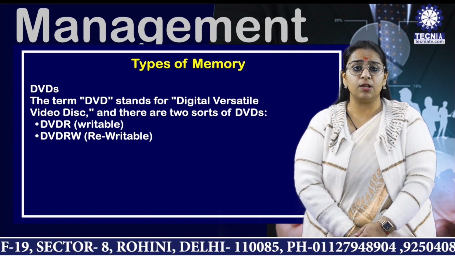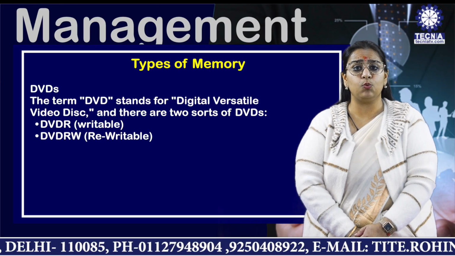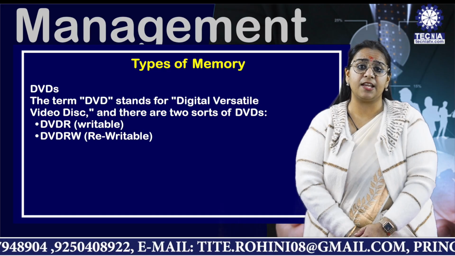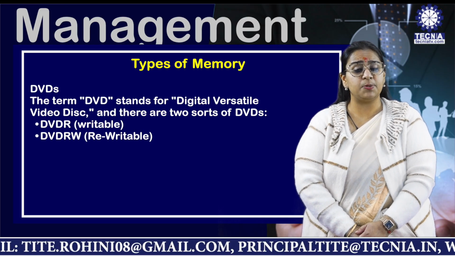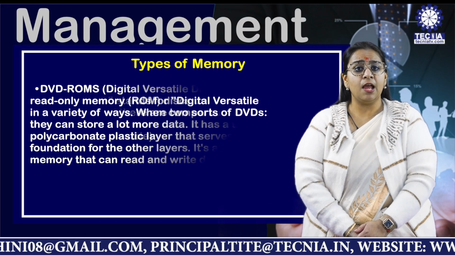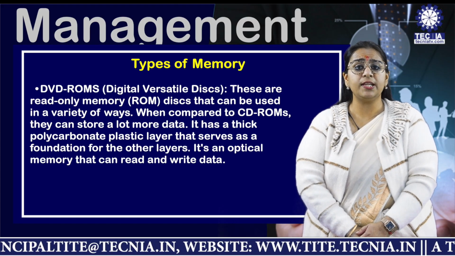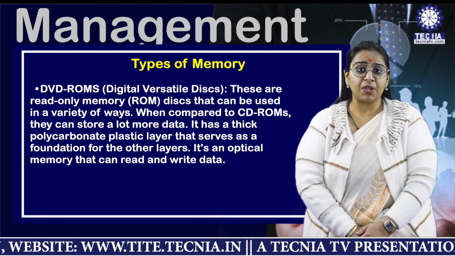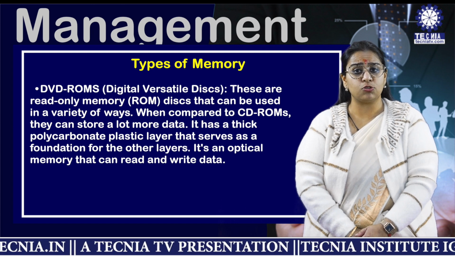The last one in this form is the DVD. The term DVD stands for digital video disc. It's of two types, that is DVD-R and DVD-RW. DVD-R is writable, DVD-RW is rewritable, and DVD-ROM is digital versatile disc. These read-only memory ROM discs can be used in a variety of ways. When compared to CD-ROM, they can store a large amount of data.